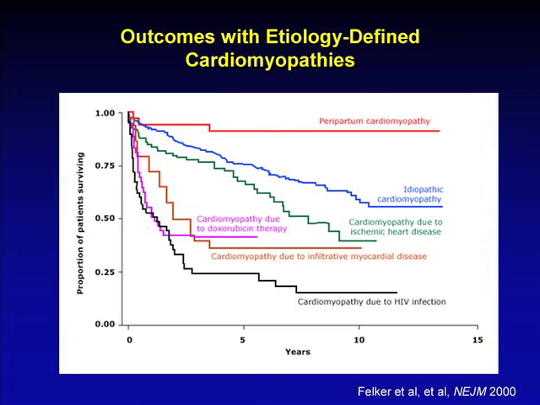So part of it is recognition, diagnosis, and the ability to recognize it early and get the appropriate treatment. This slide was published at the turn of about 10 years ago, showing the overall experience at Johns Hopkins, where they looked at a large number of patients who underwent biopsies for evaluation of cardiomyopathies.